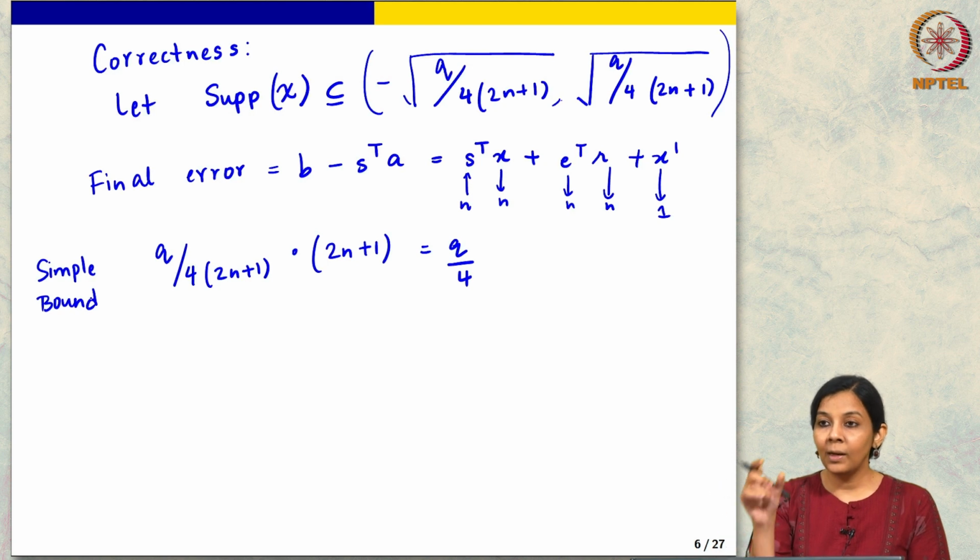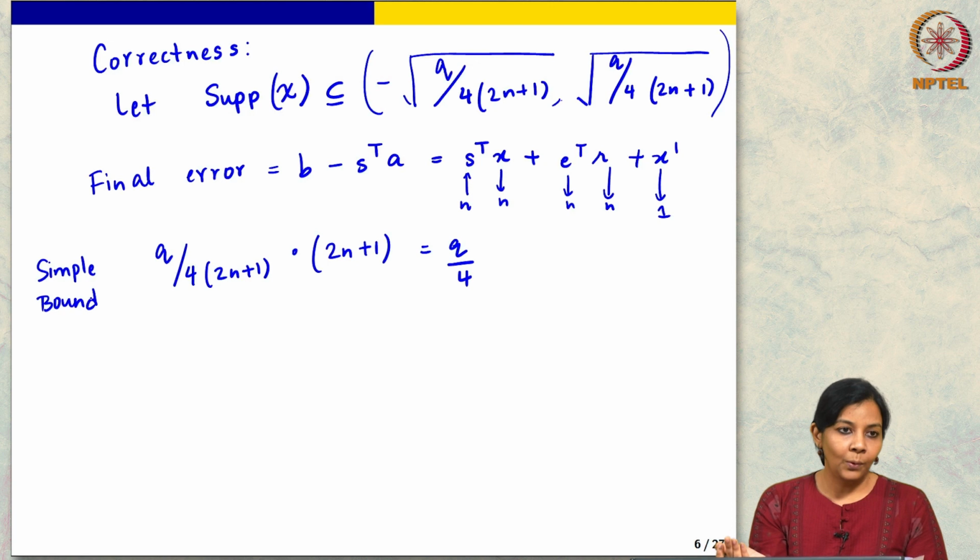So, the first one is an inner product of 2n length vectors, the second is also of 2n length vectors, right. x prime is just a scalar, right. So, it can be bounded by square root of this quantity, which means it can be bounded by the quantity itself. So, basically adding it up, I can get this very trivial bound.